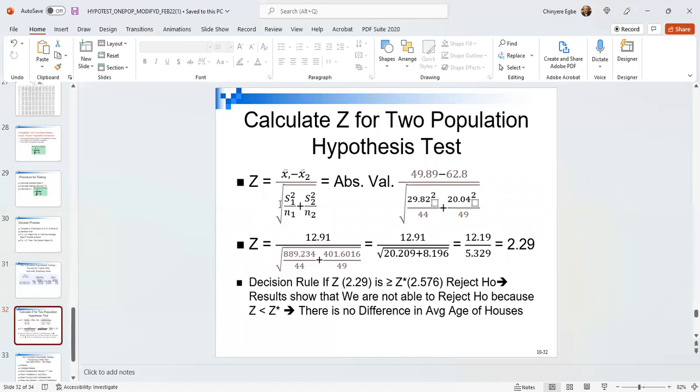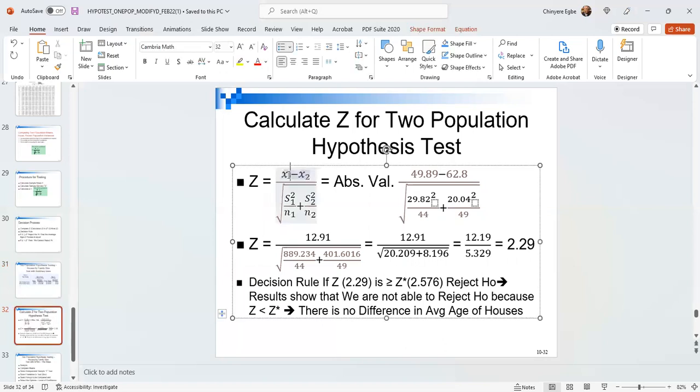You can see the method here. We subtract x bar 1 from x bar 2. We use the absolute values, 49.89 minus 62.8, okay? And so we take S1 squared, 29.82 squared. So we get a calculated Z of 2.29, okay?